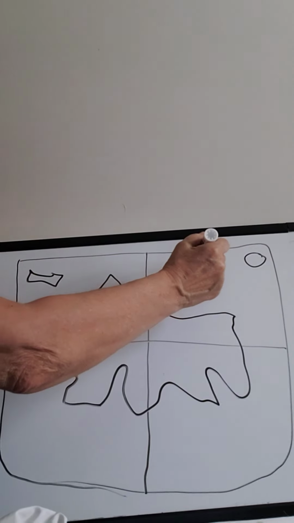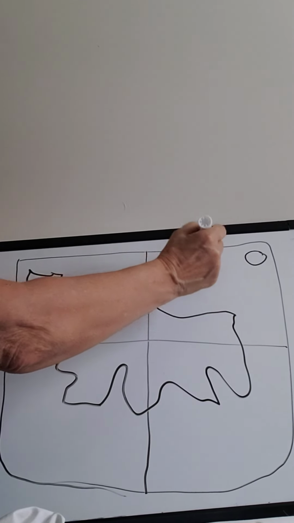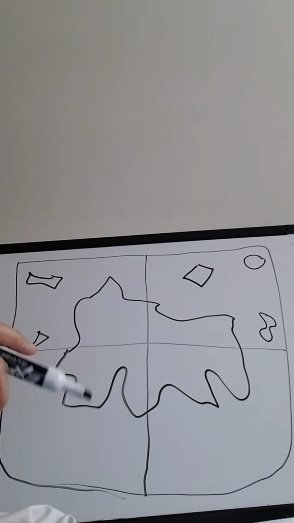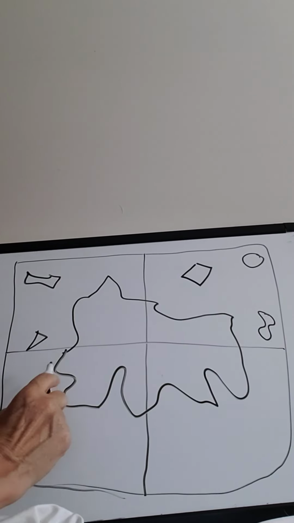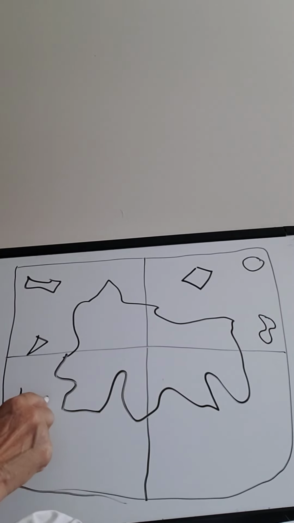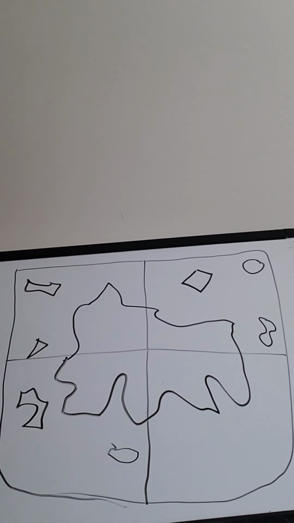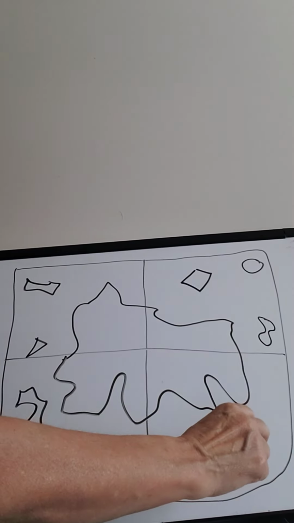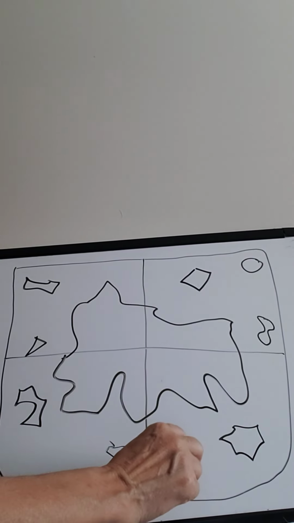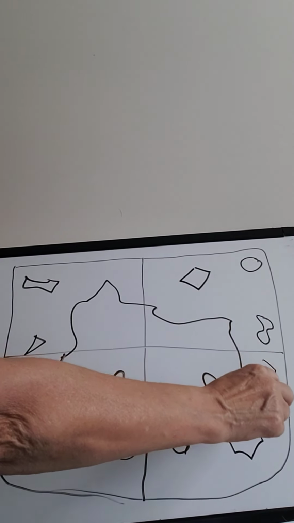They don't have to be the same shape. They can be different, like I did that. This one's going to be like an 8. Down here, I'm going to do just another thing, something strange. Another strange shape. Over here, I think I'll go like this. And then like that. And maybe I'll just go like this.